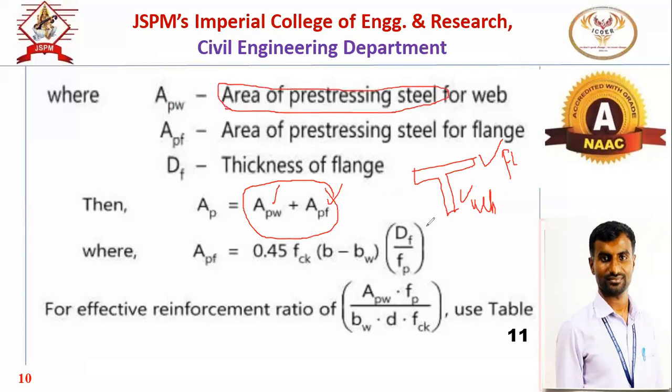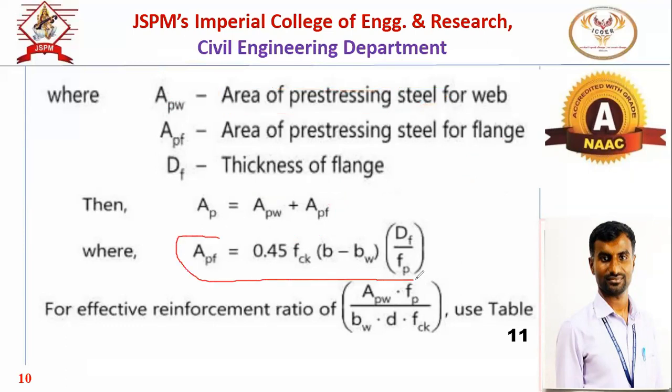Now this is the formula for the area of pre-stressing in a flange. That will be 0.45 fck (b minus bw) Df by Pf. Now this is the initial pre-stress, Pf.